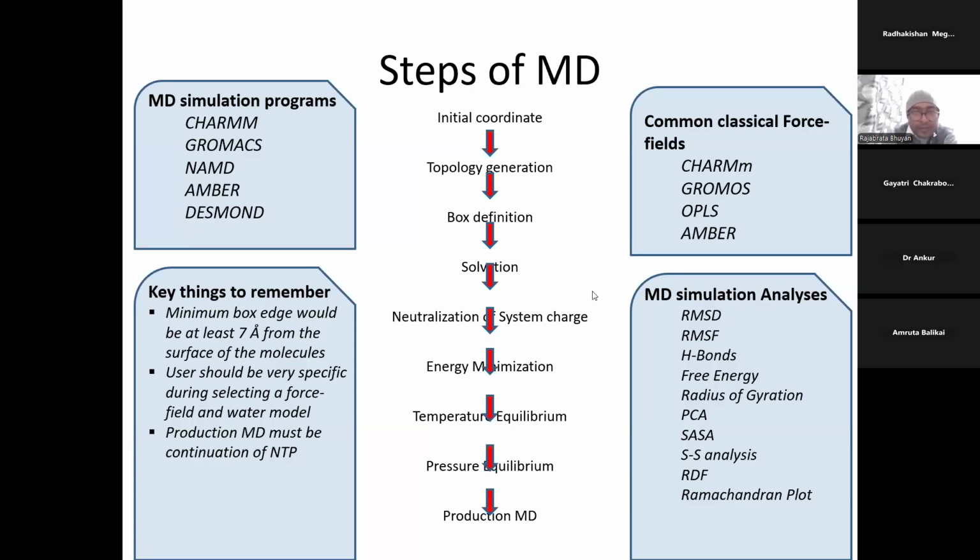In the box definition, we define a boundary. We set a boundary of the system so that we can keep the number of atoms fixed throughout our simulation. One important thing is that if you do not set any boundary, then when we energize the system and increase the temperature, the atoms start to move.